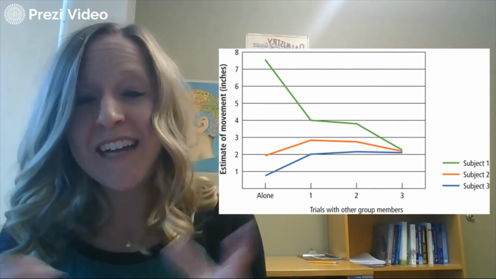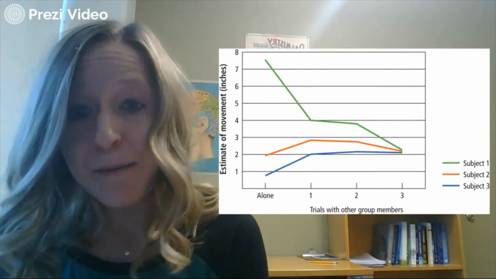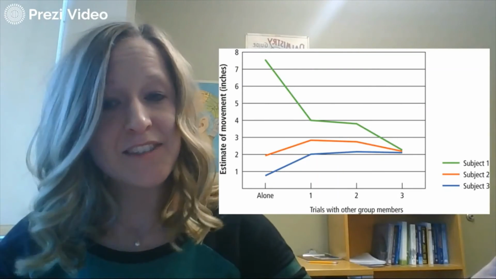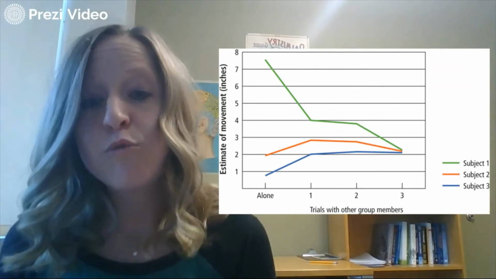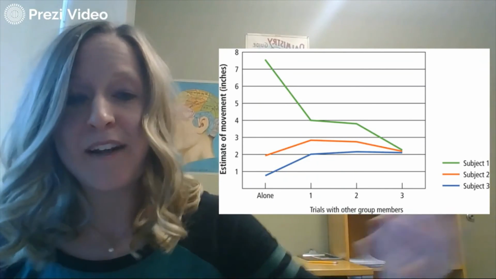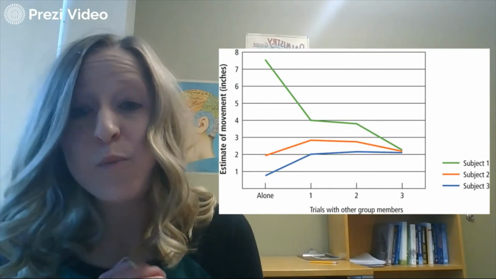So even outside of the context of the group, once that group convergence has been established, the individuals within that group, even if they're taken outside of the group, maintain that group answer. And so they keep saying whatever the group had agreed upon as their estimate of movement, even when they're alone.